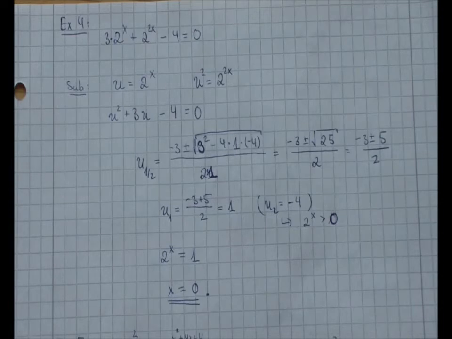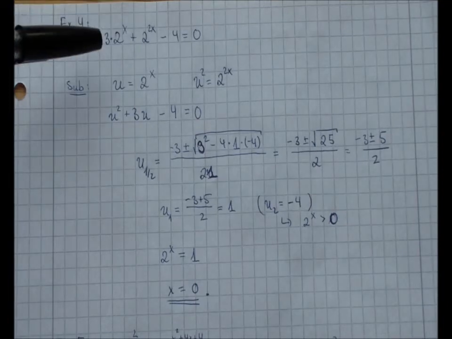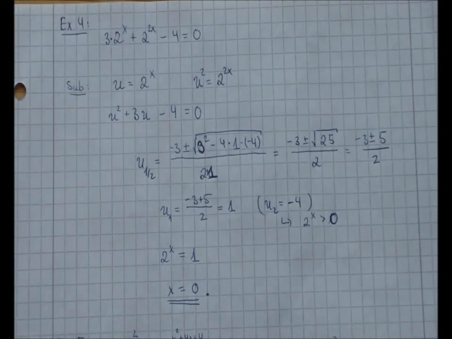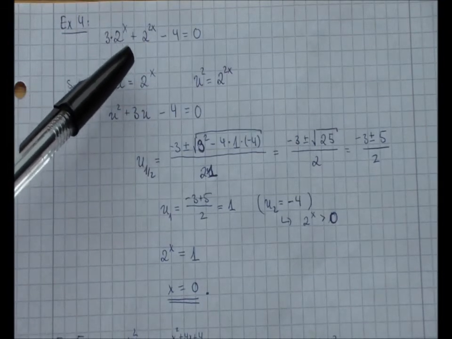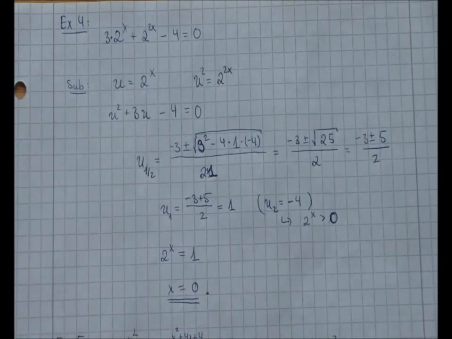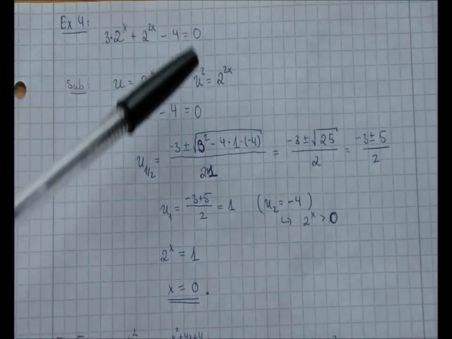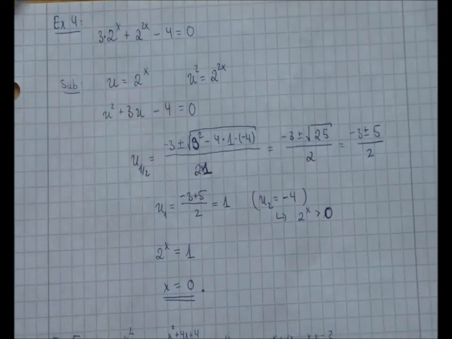If you see 2, so the exponential with the base 2 and the exponent 2x is just the square of 2 to the x, okay? Now remember, if you have something and it's squared, use substitution. So we say u is equal to 2 to the x, and u squared will just give you this part.